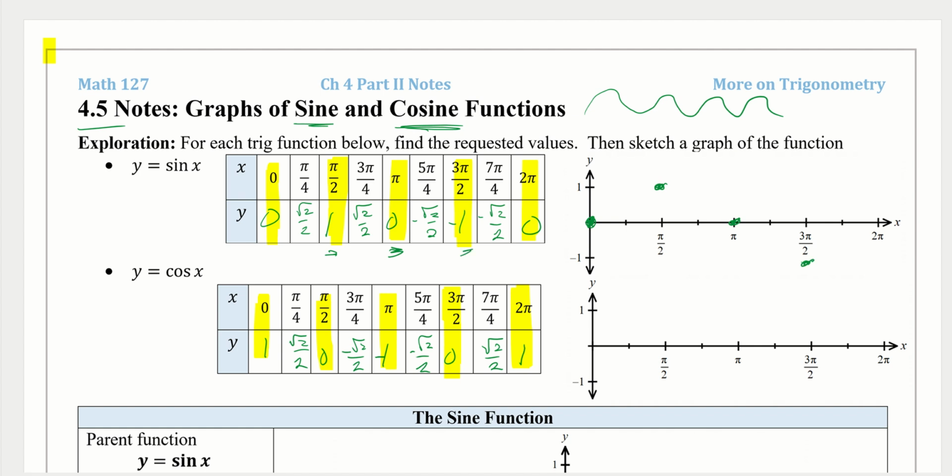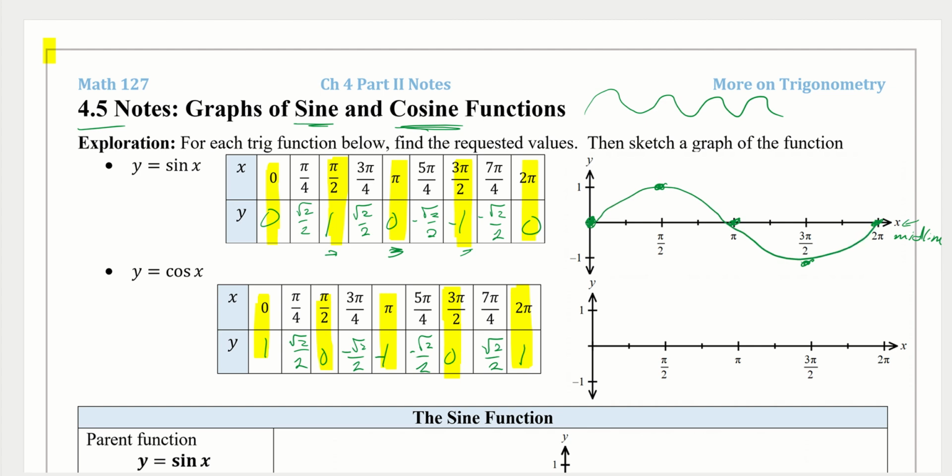And our final point, 2 pi, comes back to what we call the midline. In this case it happens to be the x-axis, but it doesn't have to be. It might be moved up and down, just like any other graph that you've seen, the same exact idea as with h and k. We connect these points, and it's a nice smooth wave.